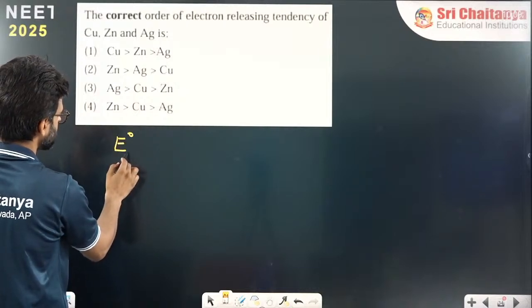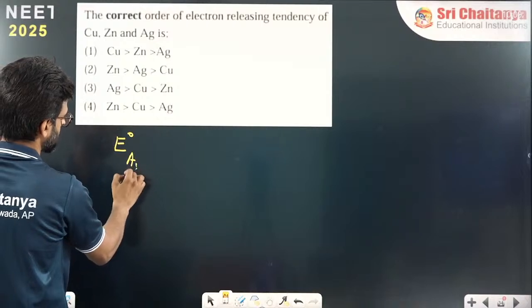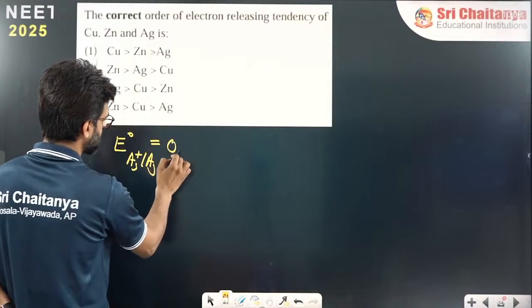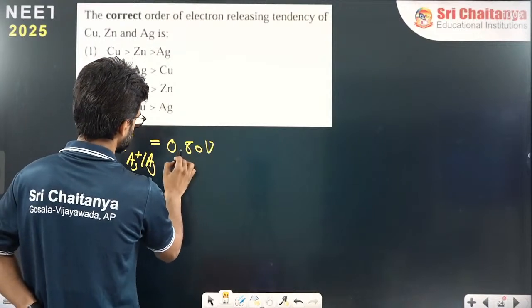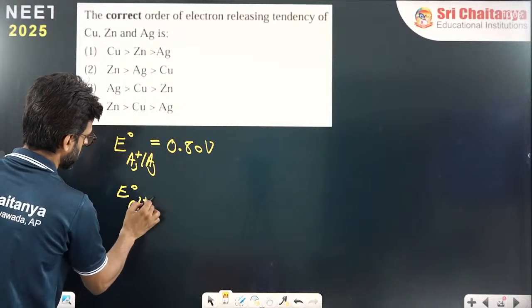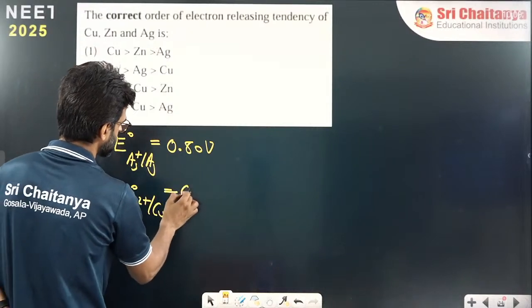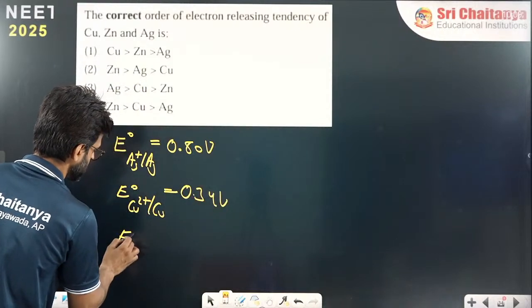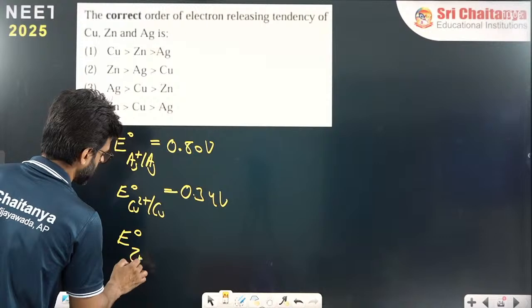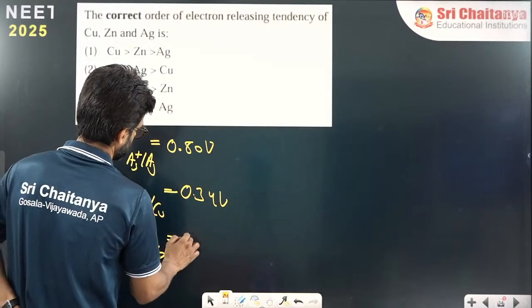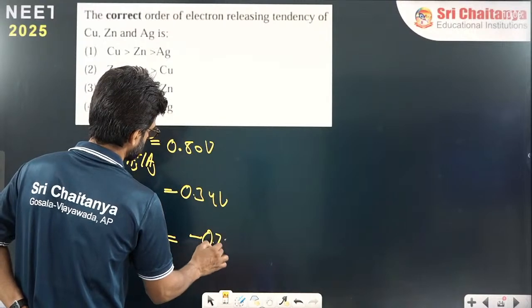If you look carefully, E naught of Ag plus to Ag is 0.80 volt, and E naught of copper 2 plus to copper is 0.34 volt, and E naught of zinc 2 plus to zinc is minus 0.76 volt.